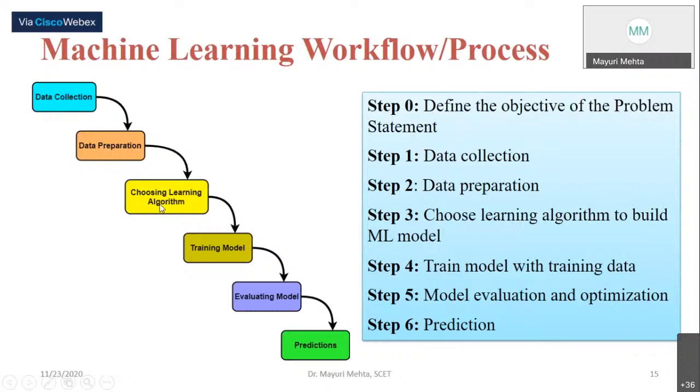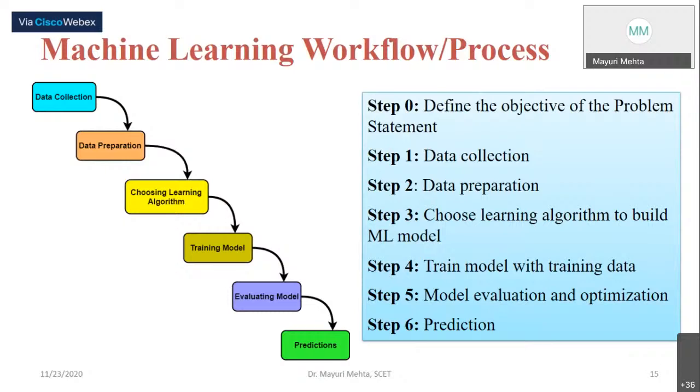Okay, now this is choosing a learning algorithm to build a machine learning model. An appropriate learning algorithm is required to be chosen to build an effective machine learning model. For example, if we want to build a model to predict rainfall, then in this case the output will be true or false, because it would be rain, yes or no. Tomorrow it would be raining or not.